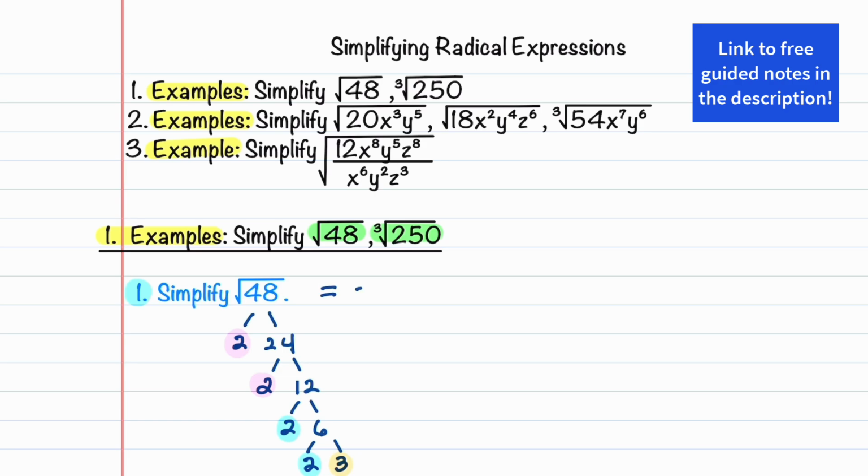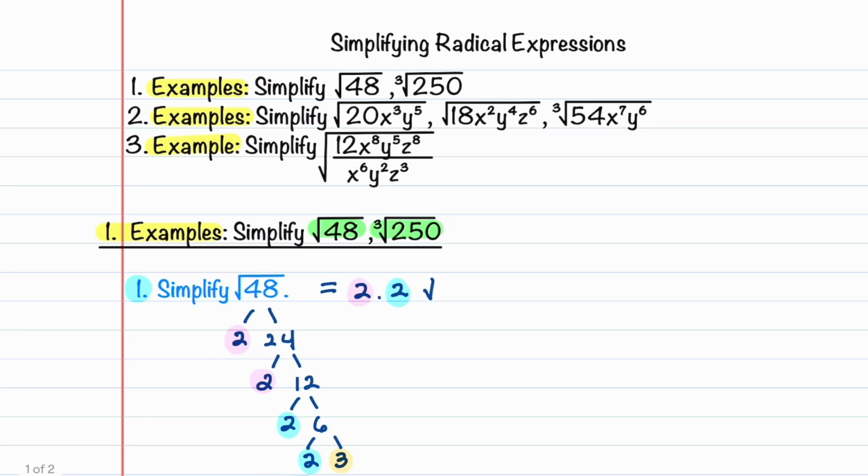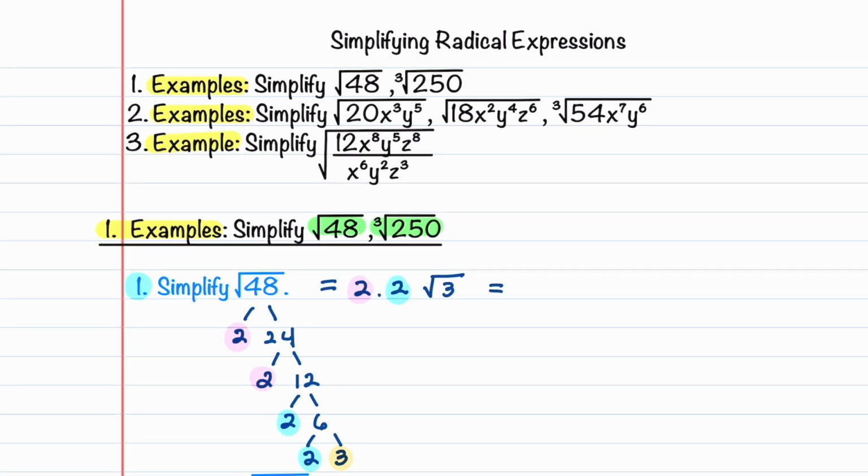We'll pull out a 2 from this group, and then we'll multiply that by another 2 from this group. And then what we have left over is a factor all by itself, so that has to go inside the square root. So we write that as square root of 3. And this simplifies then to 4 times the square root of 3.